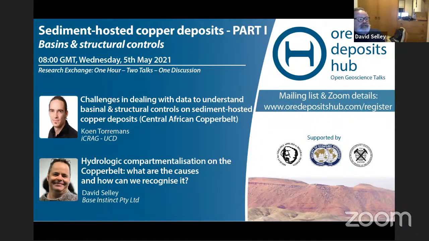So we're limited in what we can tell about the upper levels of the ore system. But I think that's where there needs to be a greater focus. At the moment, most of it has been placed on the ore bodies themselves, the ore horizons themselves. We really need to step to higher levels of the stratigraphy in an attempt to map these outflows.